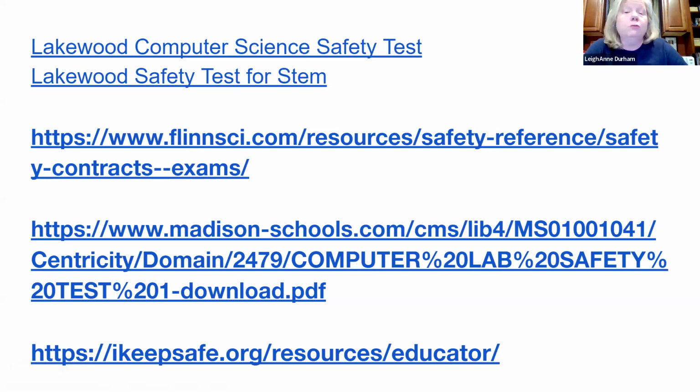I was just Googling and I found theirs, and it had some great things, and I borrowed some of their ideas. And then the last link is one I found. Another teacher in our system said she was using it as well. It's ikeepsafe.org, and they've got some great resources for teaching safety. It gives you some really good ideas on things you might want to use.